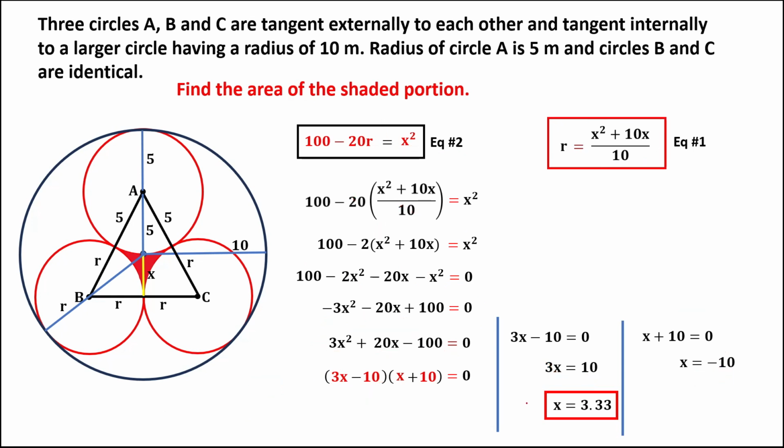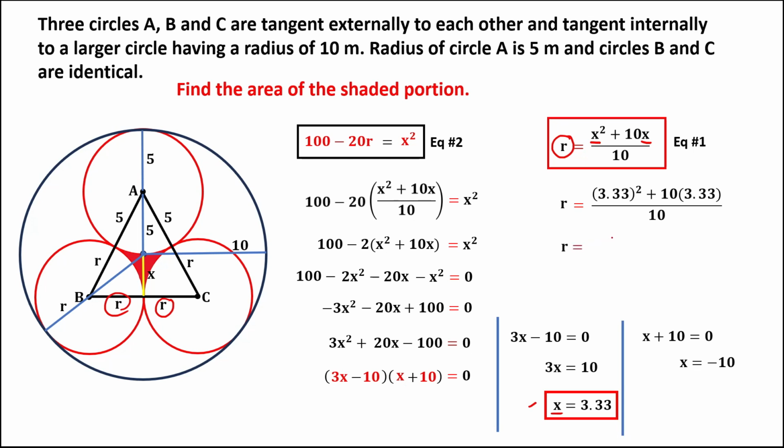Then this time, since we now have the value for x, we can solve for the radius of circle C and circle B. Just substitute the value for x into this equation. The radius is equal to the square of 3.33 plus 10 times 3.33, divided by 10.